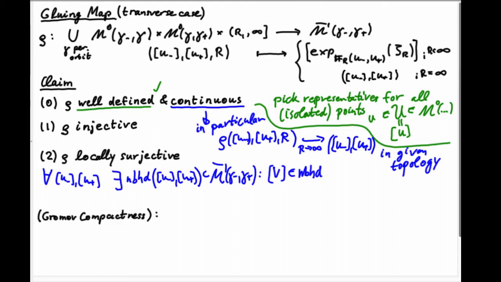If I have a point in that neighborhood, then there is a gluing parameter so that that point is given by the gluing map.